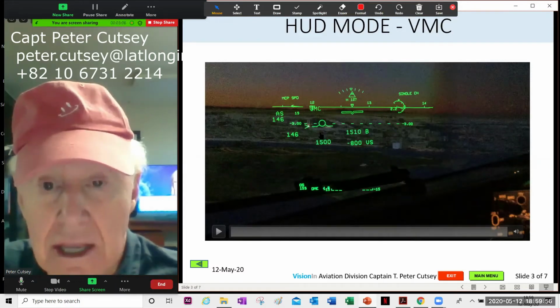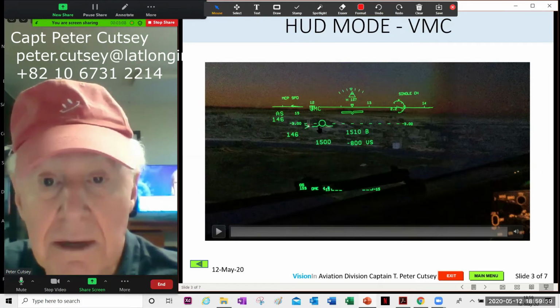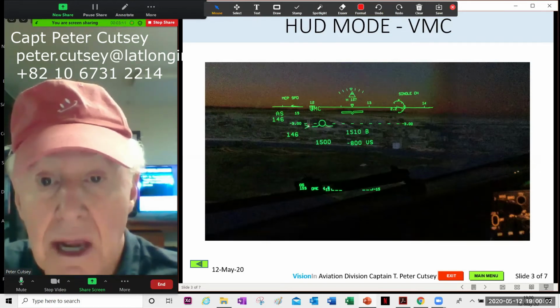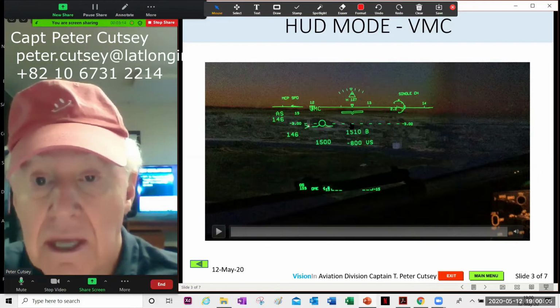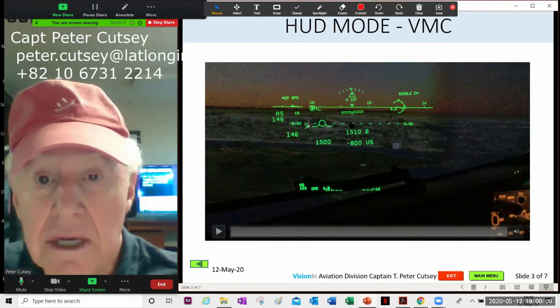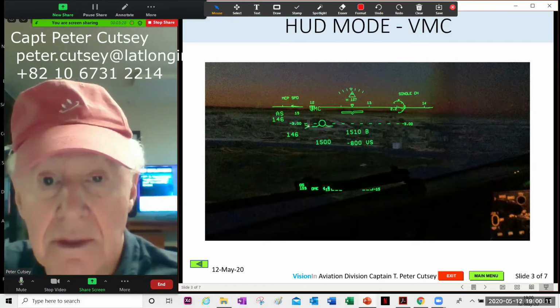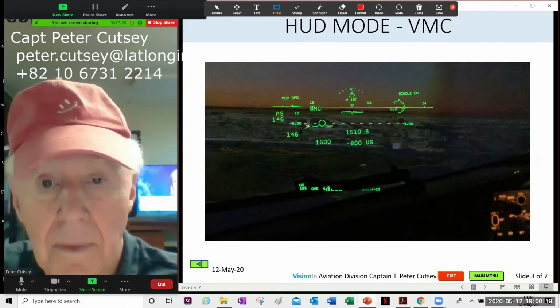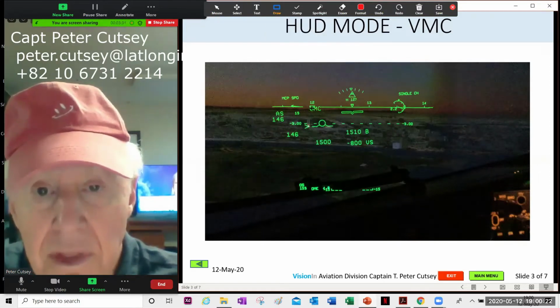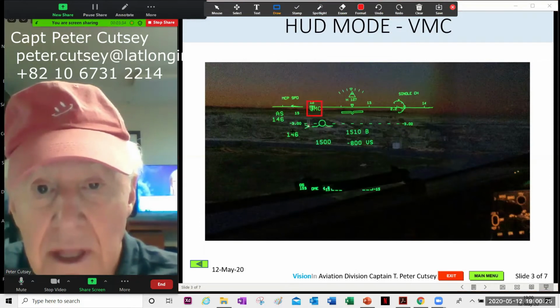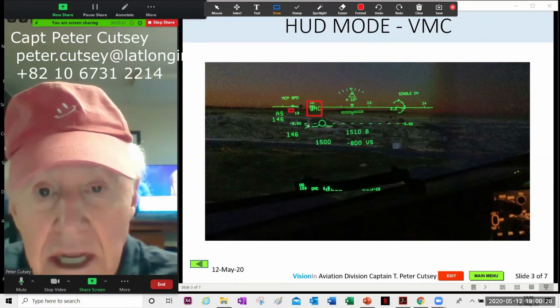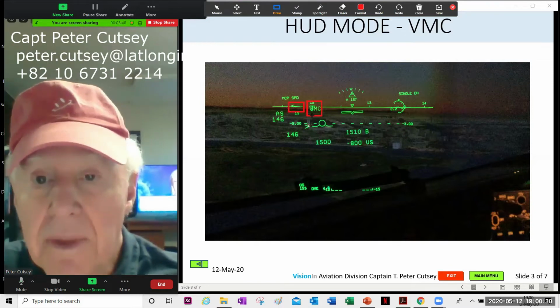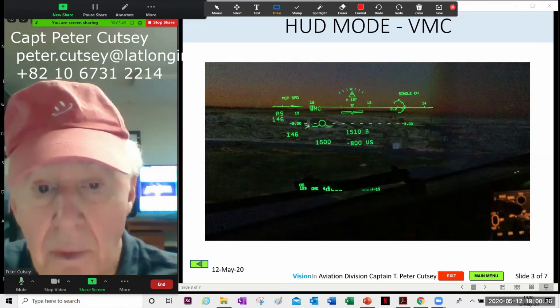If you notice, the flight path symbol is to the left of the center of the screen because the wind is from the right. So let's have a continued look at the video. We'll run the video.